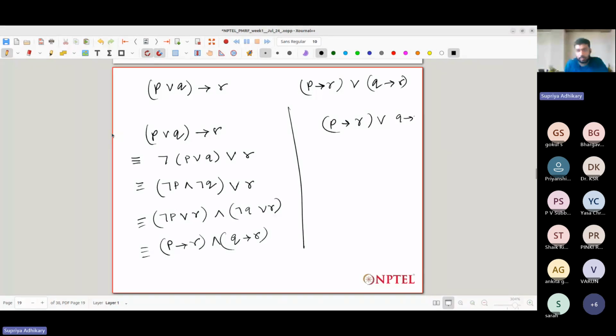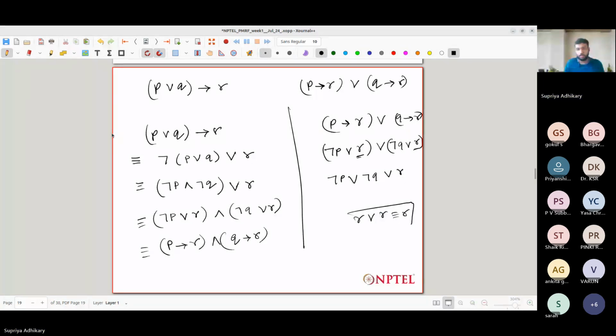Q implies R, so we can write it as, so this is the disjunction of R and R. So over here, this R and R, the disjunction of R and R, we can write it as R. And that is what we have written over here.